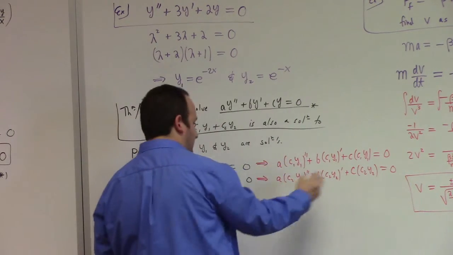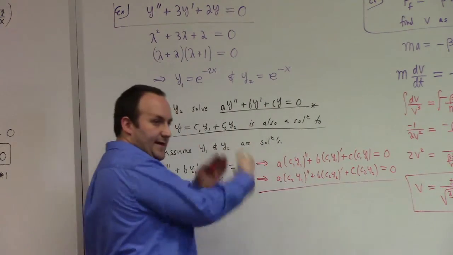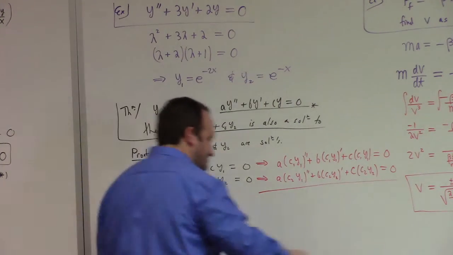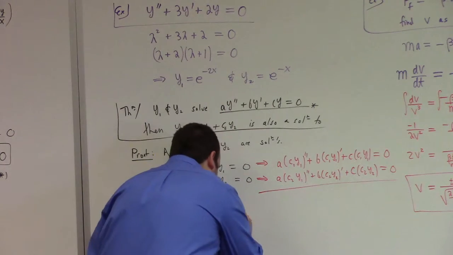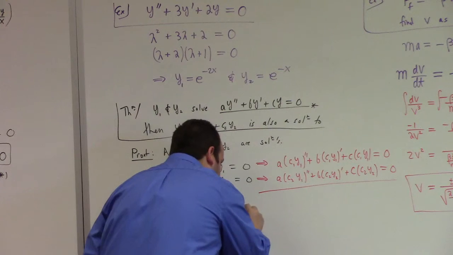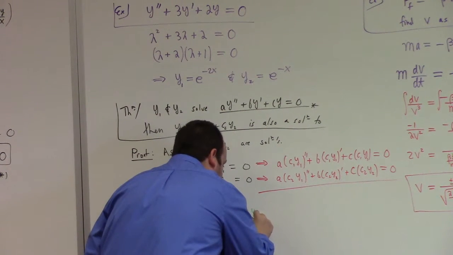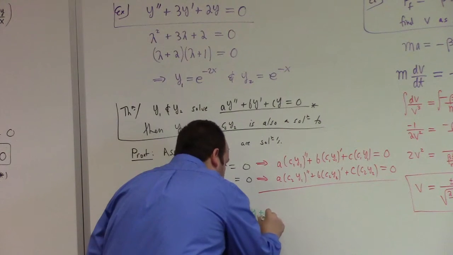And then you just take these equations and add them, and what do you get? You get a times, and using properties of the derivative, I can use a sum of derivatives as the derivative of the sum, and that's also true for second derivatives.